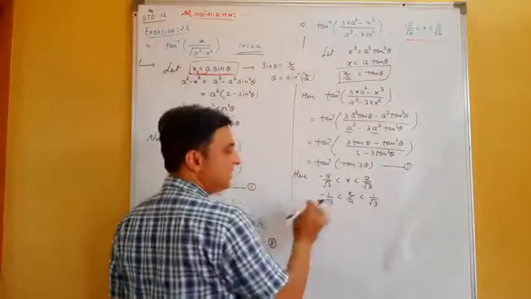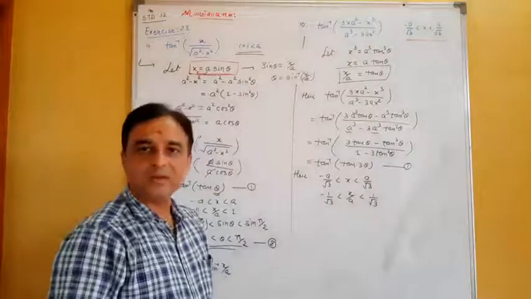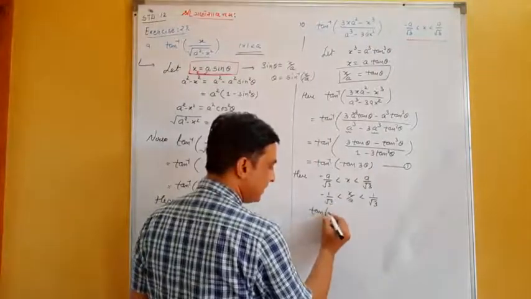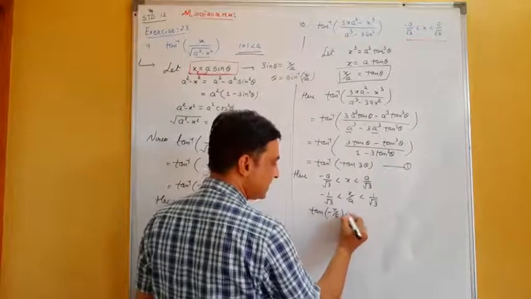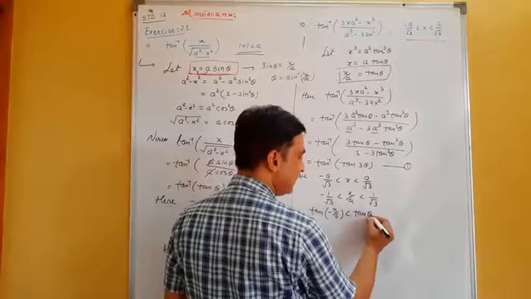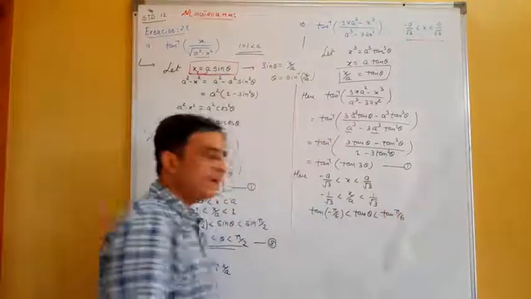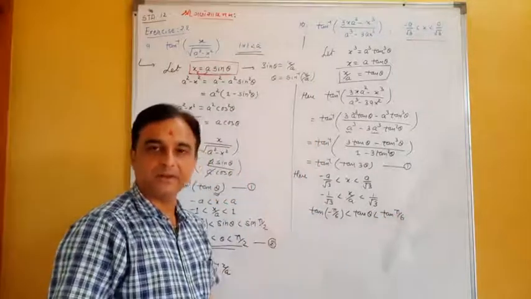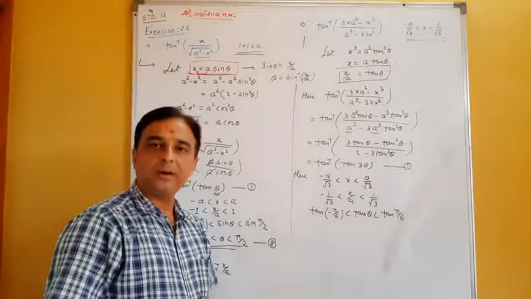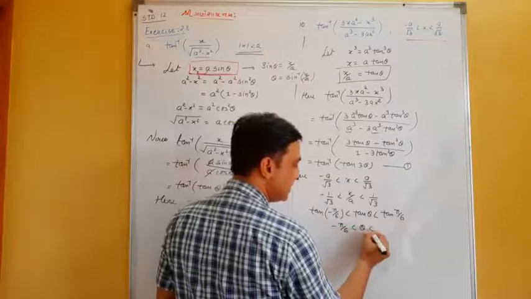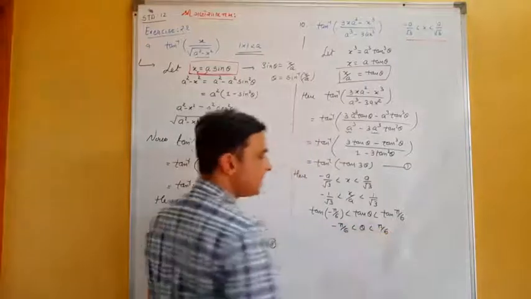Now what is the value of tan for minus 1 by root 3? So it is tan minus pi by 6 less than tan theta less than tan pi by 6, and tan is always an increasing function. In every quadrant tan is increasing. So minus pi by 6 less than theta less than pi by 6.